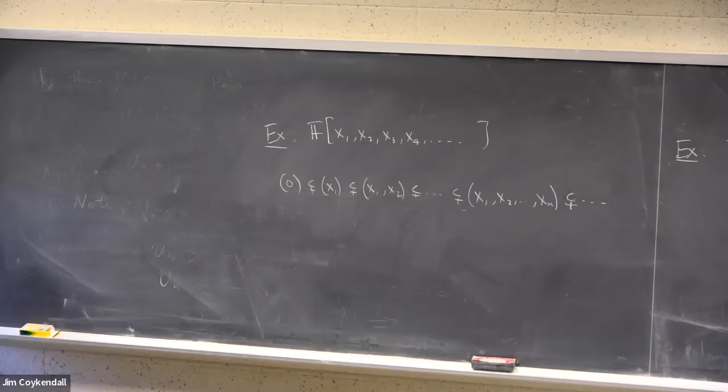But this ring is not Noetherian, because the maximal ideal generated by x1, x2, x3 forever and ever is an ideal that's not finitely generated. So here's one thing that's true: you have no hope of building an infinite dimensional Noetherian ring this way. You can't ever have an infinitely ascending chain of primes, or even an infinitely ascending chain of ideals, which is much easier.